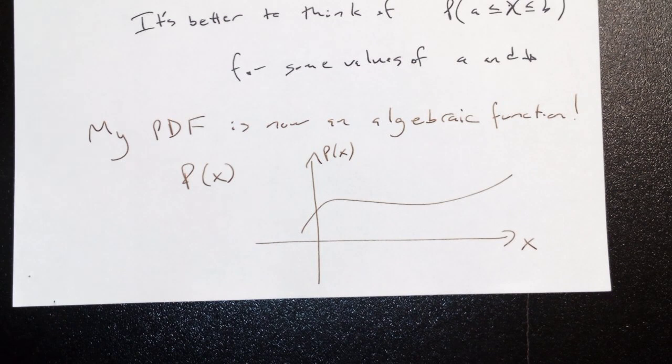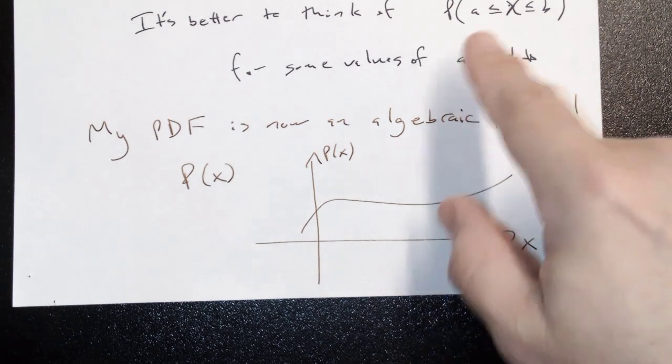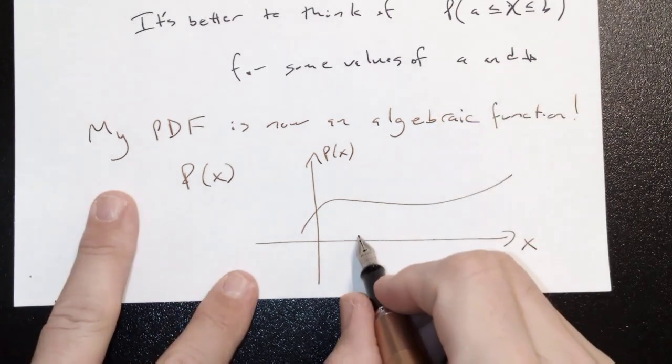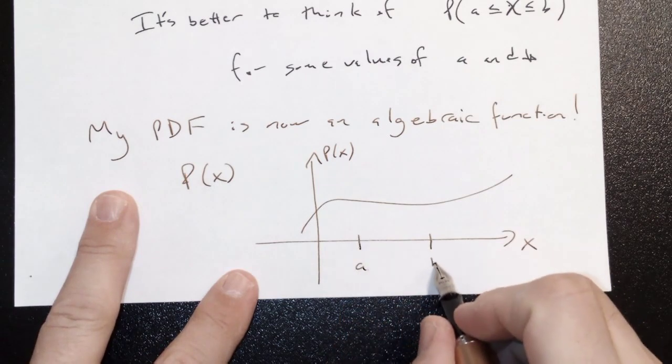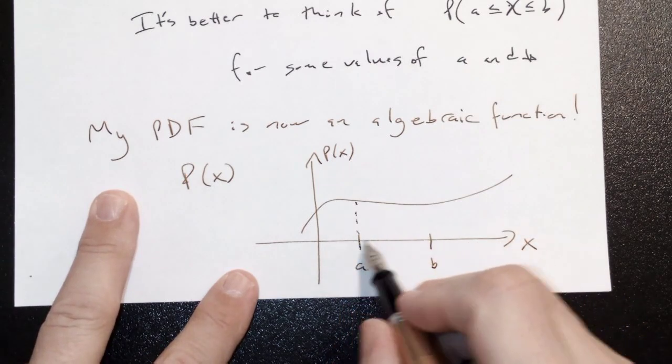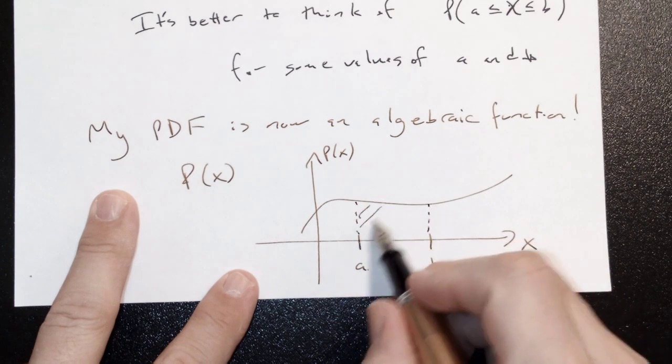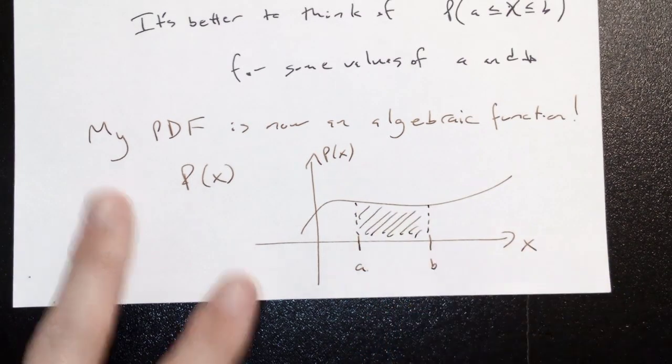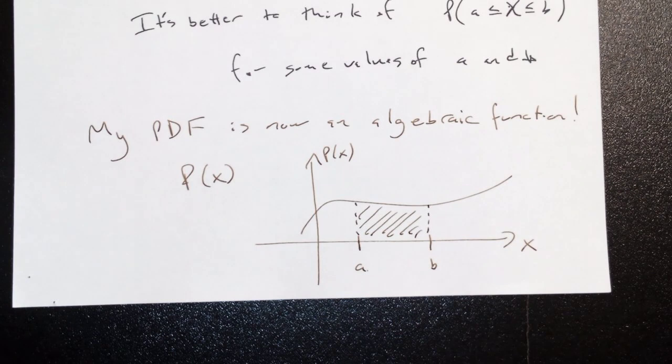I need to know that this function, whatever it is, always spits out positive numbers. The probability of something has to be between 0 and 1. So these functions have to give me numbers between 0 and 1. And if I think of the chance between A and B, then I really want to say that that should be the area here, the area under my curve.